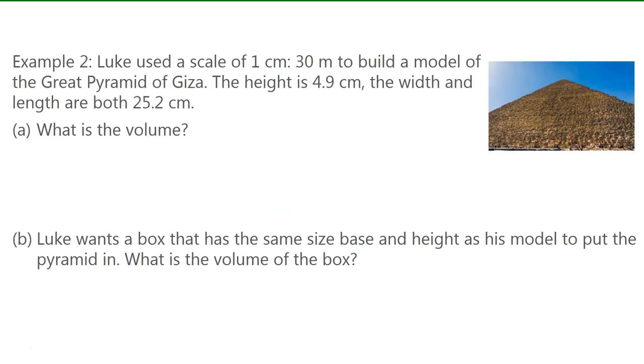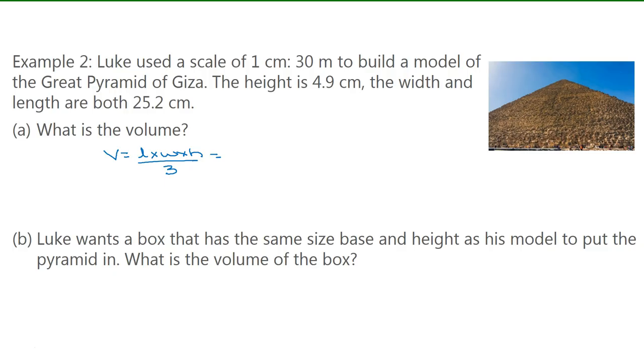Now for example 2, it says Luke used a scale of 1 centimeter to 30 meters to build a model of the Great Pyramid of Giza. The height is 4.9 centimeters and the width and length are both 25.2 centimeters. What is the volume? So we have length times width times height, divided by 3.